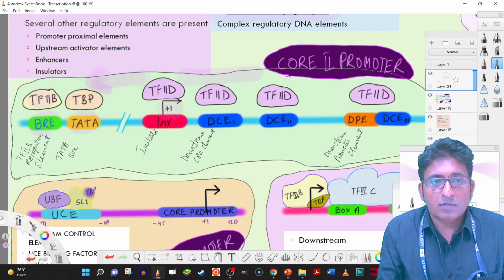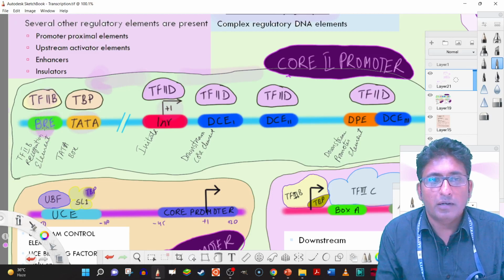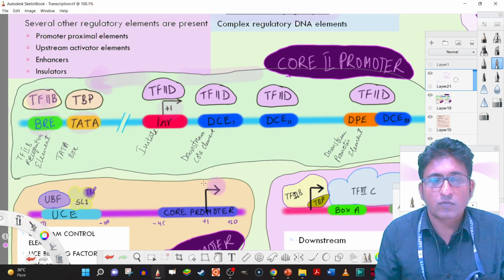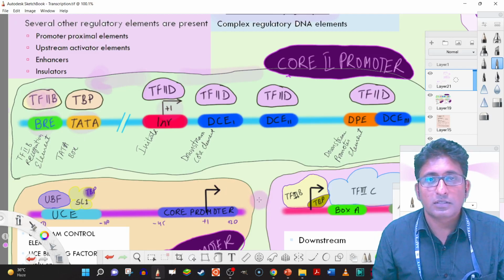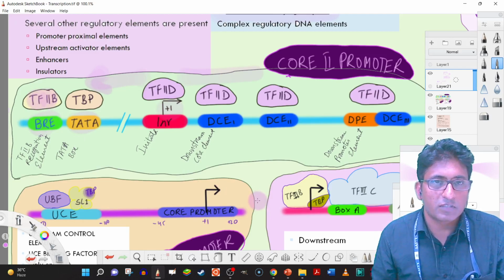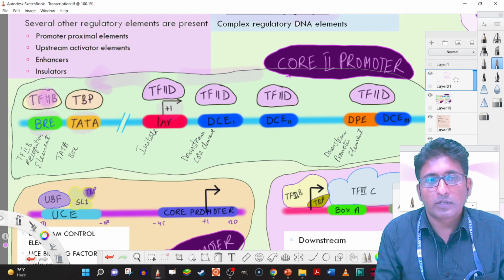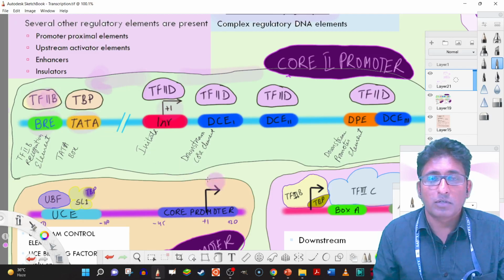Here transcription factor 2B recognizes BRE. TF stands for transcription factor, and 2 stands for the polymerase that the promoter is specific for. Here we are talking about the core 2 promoter, so that is what the Roman numeral 2 stands for.